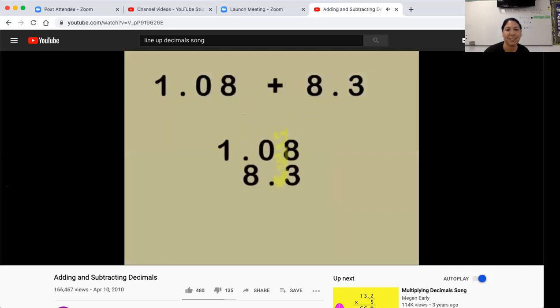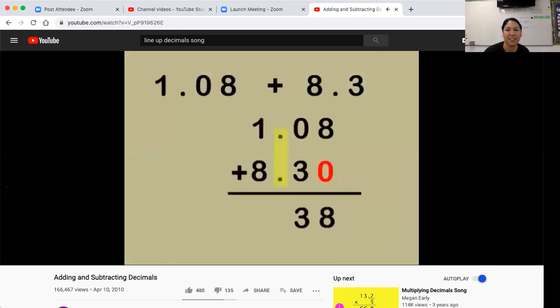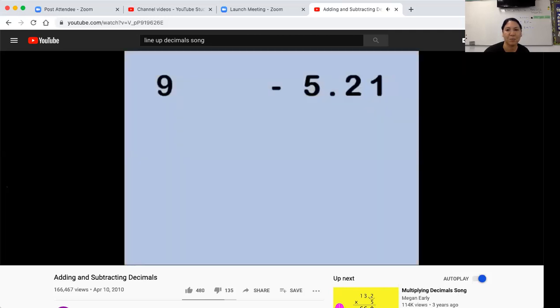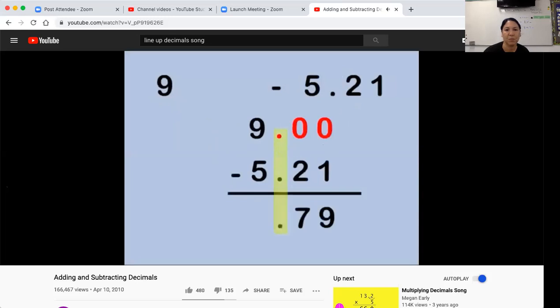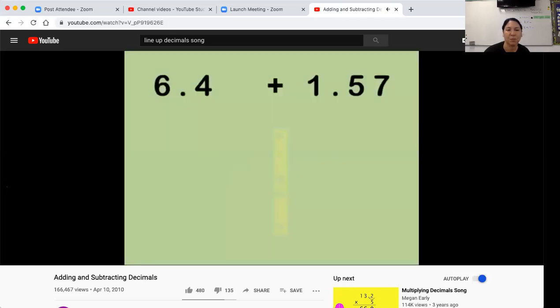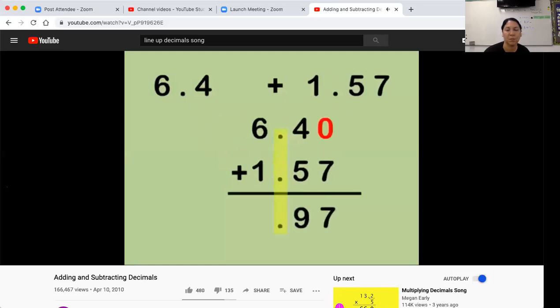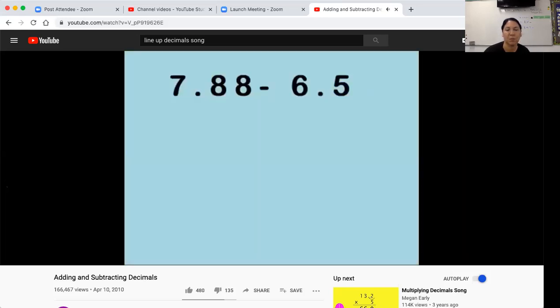Add extra zeros when you are needing equal places. When they're in order, you can be bolder, that the answer you get should be correct.